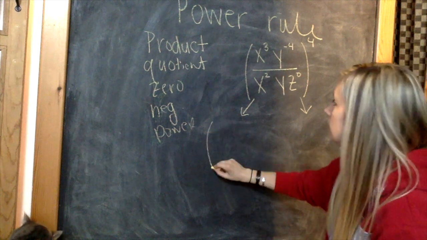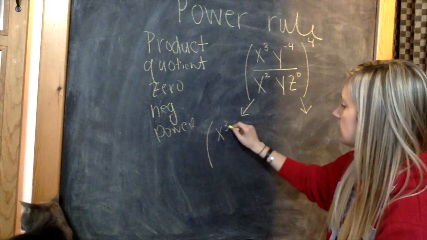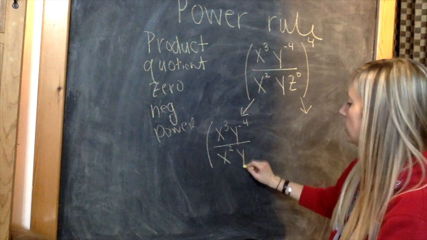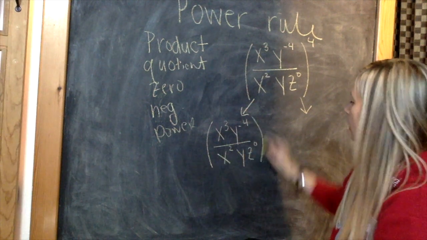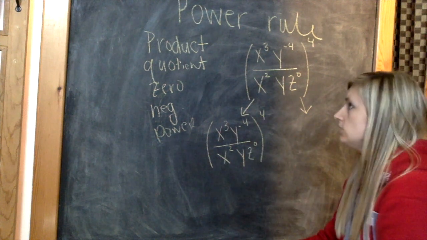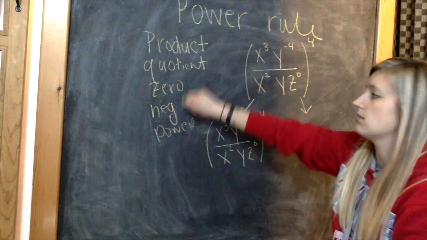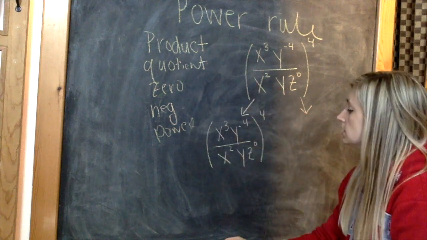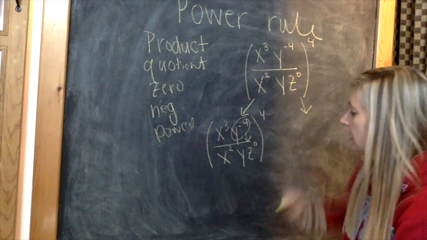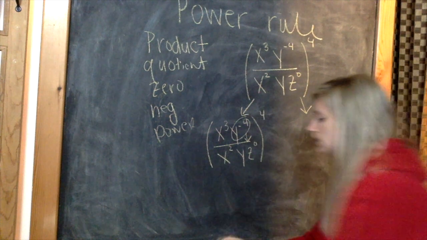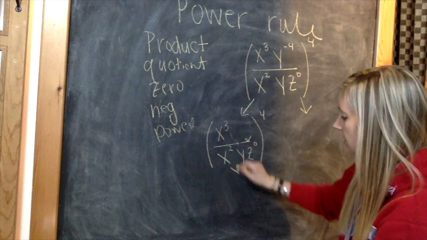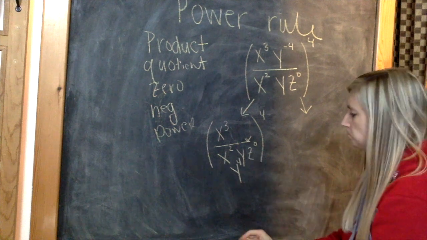So power will be last here versus power would be first over here. So over here, I have x to the 3rd, y to the negative 4th, over x squared, y, z to the 0, all of that to the 4th. Okay, so you have to look at the inside, and you have to knock out the product, quotient, 0, and negative rule inside. So let's see. I have a negative, so that needs to flip down to make it positive. So this y to the negative 4 would go underneath to make it y to the positive 4.